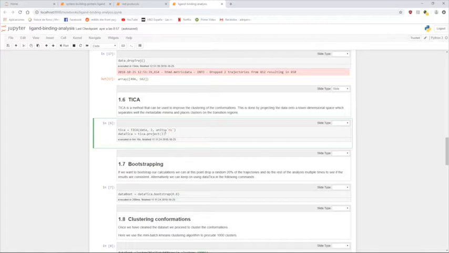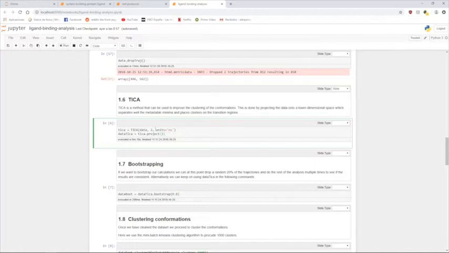It's very similar to a principal component analysis, but the important thing here is that it's well suited to separate the metastable states in our simulations, because it takes time into account, which is what we need here for our simulation data.